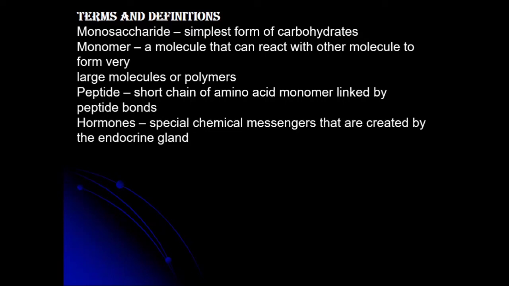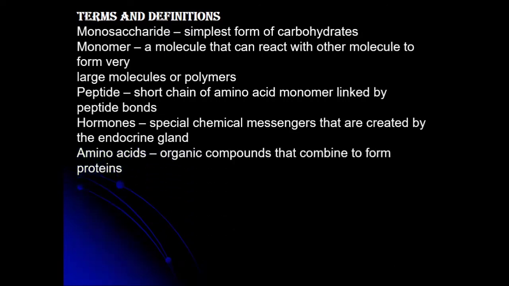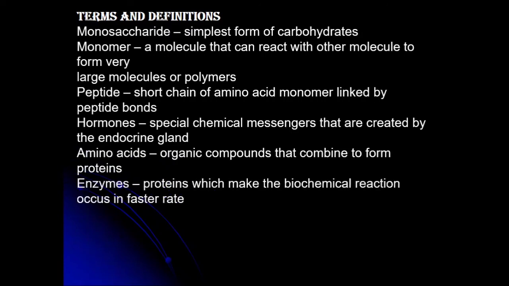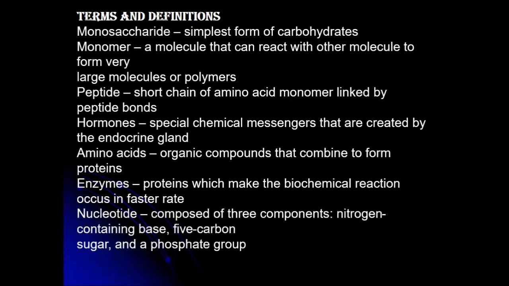Hormones, special chemical messengers that are created by the endocrine gland. And amino acids, organic compounds that combine to form protein. And then enzymes, proteins which make the biochemical reaction occur at a faster rate. A nucleotide composed of three components: nitrogen, sugar, and phosphate group.